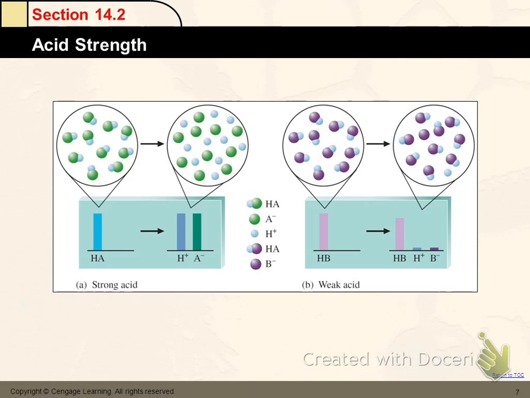Here's a couple of examples of what we're talking about. So, if I have a strong acid, HA, in my reaction, I'm expecting that almost all of it will begin to break down, whereas there'll be very little in the case of a weak acid, where only a few particles, and it's usually termed as less than 5%, will actually dissociate in water.